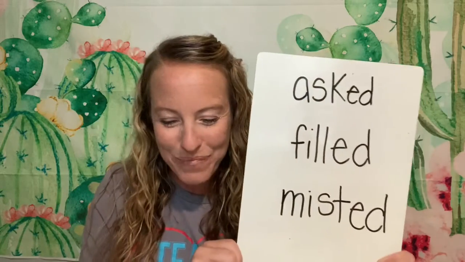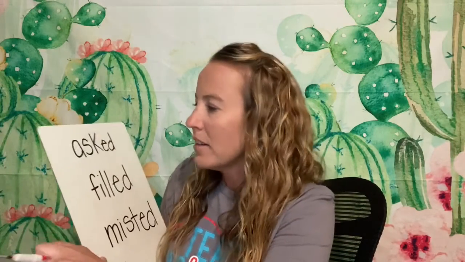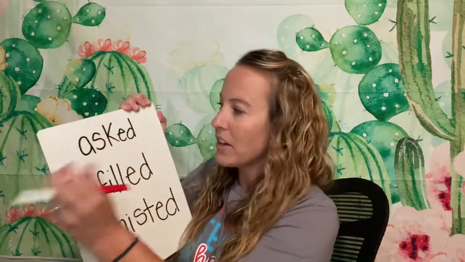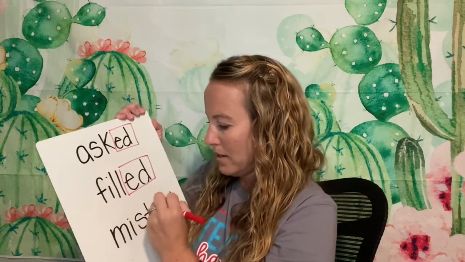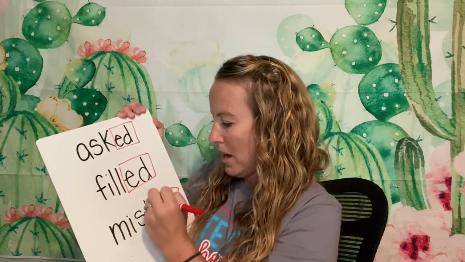Good job. How do we code a suffix? Do you guys remember? How do we code suffixes? We box them. Good job. You guys are so smart. So we're going to box the suffix ed. So box it, and box it.